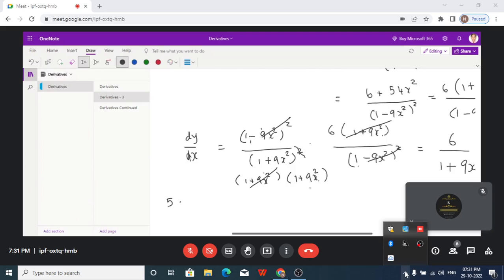So 1 plus 9x square will remain. Understood? Yes, sir.